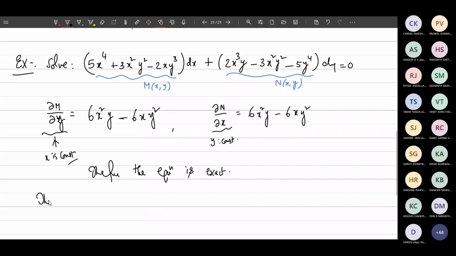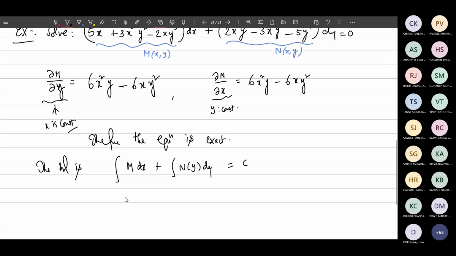Therefore the solution is the integral of M dx plus the integral of the terms in N without x dy equal to c. What is the integral of M dx here? M is already given.